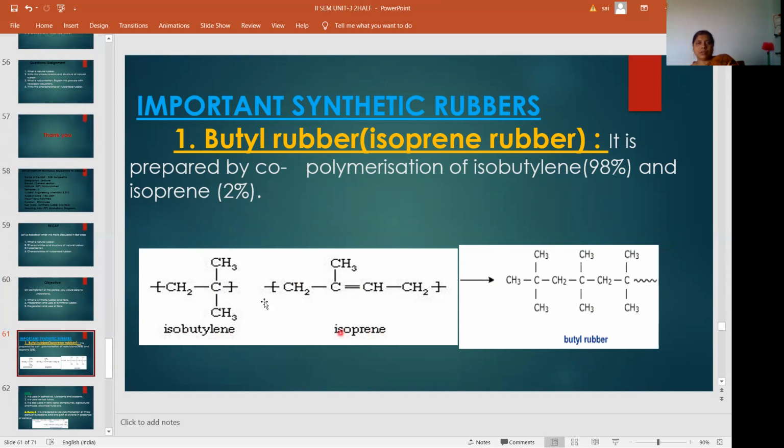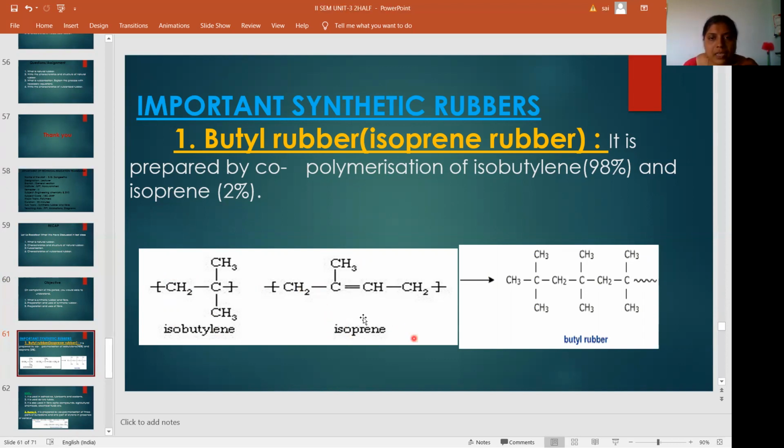This is the isoprene molecule, this is the isobutylene molecule. For one carbon, if two methyl groups are there, that is called isobutylene. Actually, the double bond is there, it is not shown here, so I will write it here. This is isobutylene. We already studied the isoprene molecule.